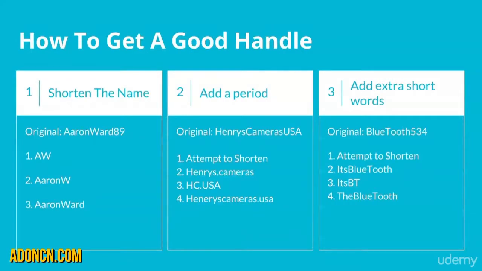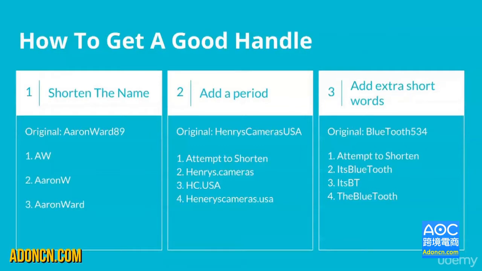And if that doesn't work, what you can move on to next is to add a period. For example, we'll choose Henry's Cameras USA. Pretty long name. It would most likely be a business selling cameras in the USA. So you attempt to shorten it, and say we've tested all those results and nothing worked. So what we can do now is add a period to our shortened result.